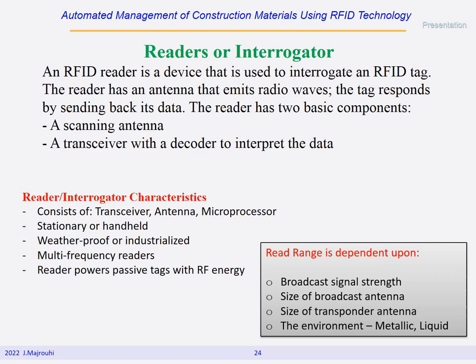It consists of a transceiver, antenna, and microprocessor; it can be stationary or handheld, weatherproof or industrialized, and multi-frequency. Readers power passive tags with RF energy. Reader range depends on broadcast signal strength, size of the broadcast antenna, size of the transponder antenna, and the environment, such as metal and liquid.